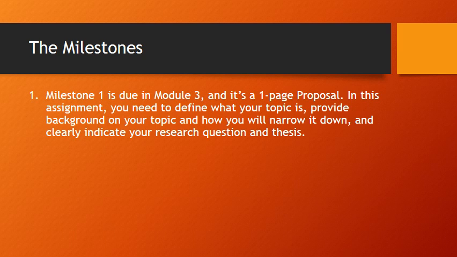You want to clearly indicate your research question and your preliminary thesis. That doesn't mean you are locked into that research question or thesis with this proposal. It's just a proposal, so if your thesis changes as you go into your evidence, that's absolutely okay.